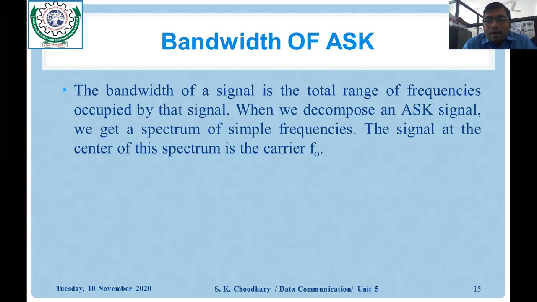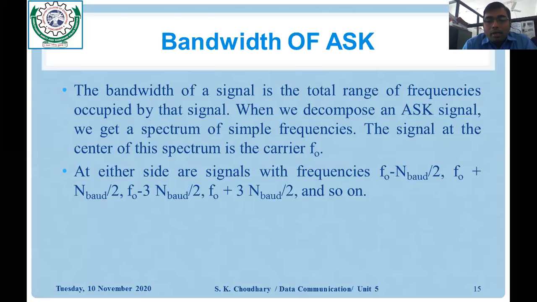The signal at the center of this spectrum is the carrier signal, F0, and on either side are signals with frequency F0 minus N baud upon 2, where N baud is the baud rate, or F0 plus N baud upon 2. Like this, the odd components would be there: F0 minus 3 N baud by 2, F0 plus 3 N baud by 2, and so on.